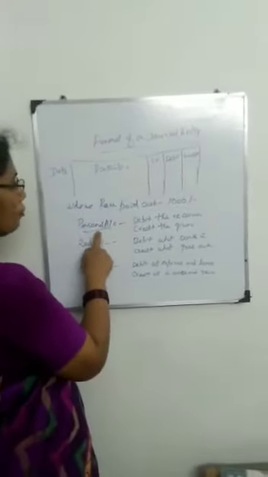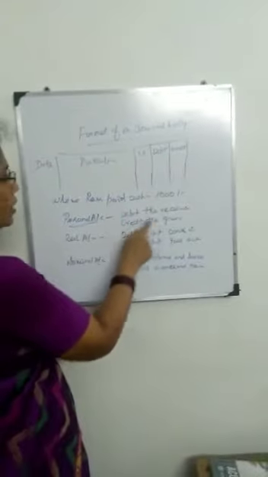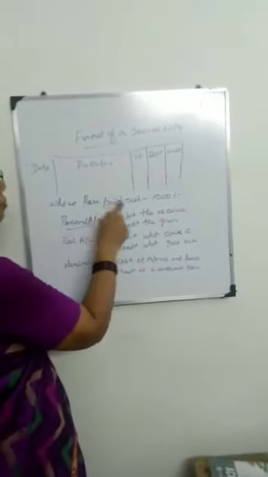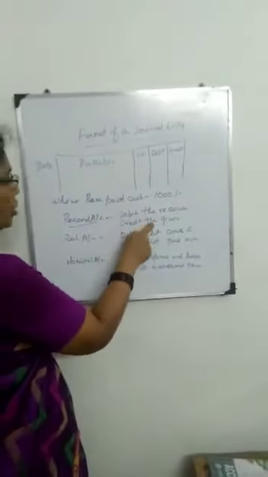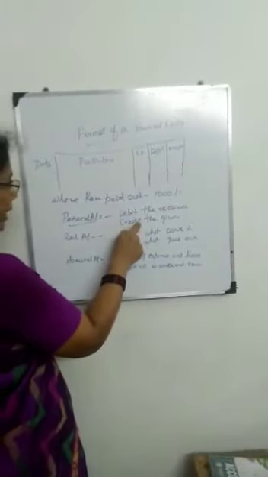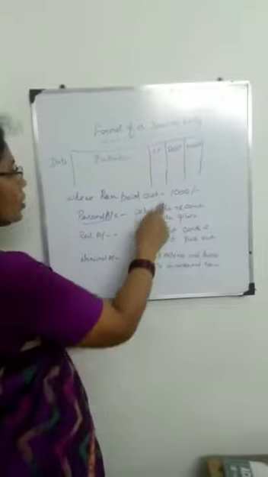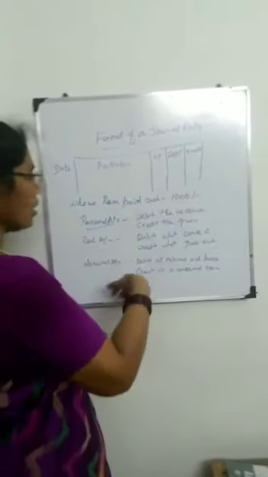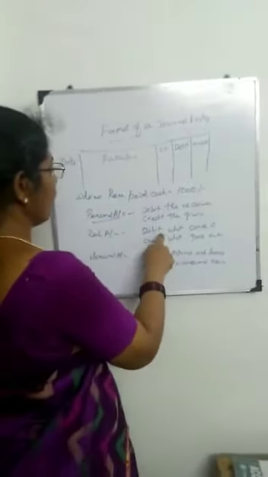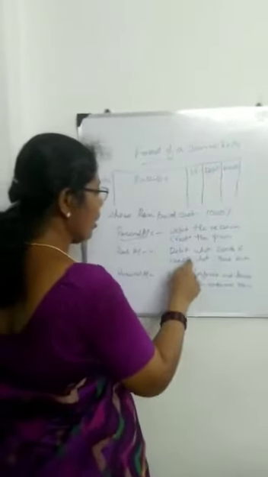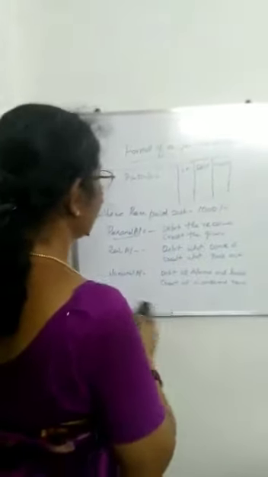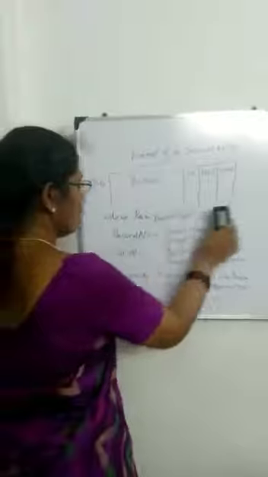So for a personal account the rule is debit the receiver, credit the giver. Ram paid, so he gives cash. So Ram has to be credited here. Cash comes under the real account. Cash comes in, so it has to be debited. So cash account debtor to Ram. This is the journal entry.